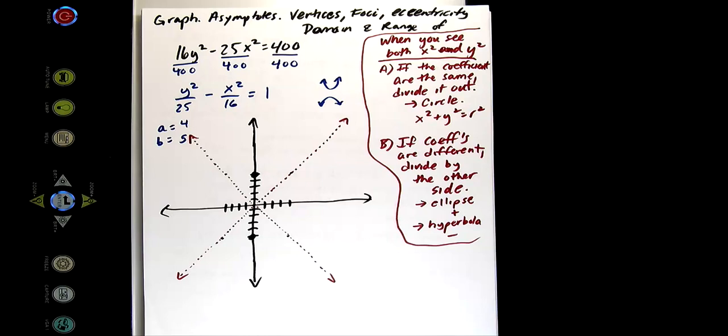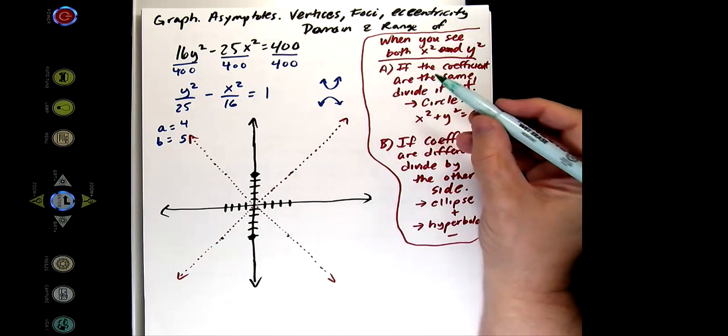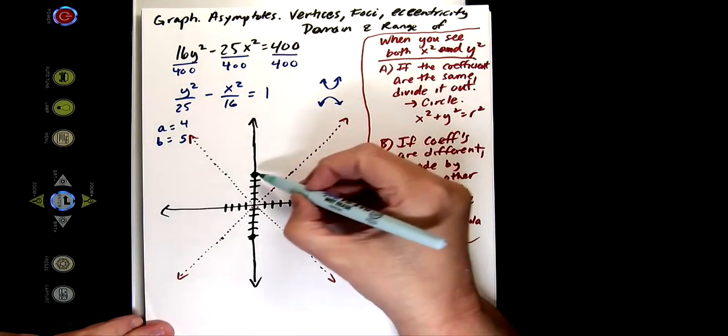I know it's opening up and down, and it's going to veer towards the asymptotes.